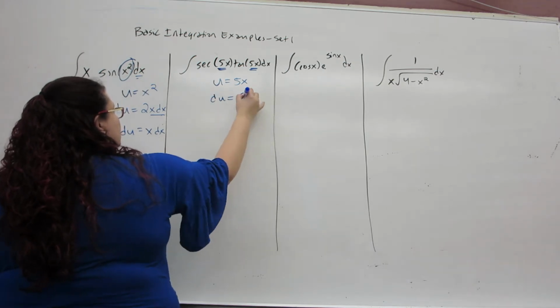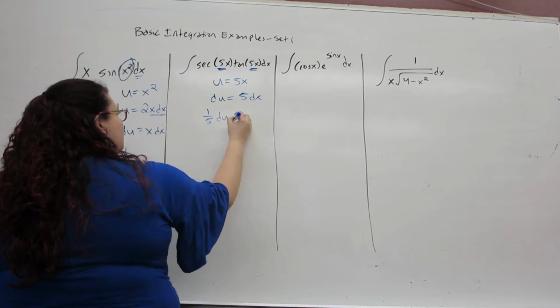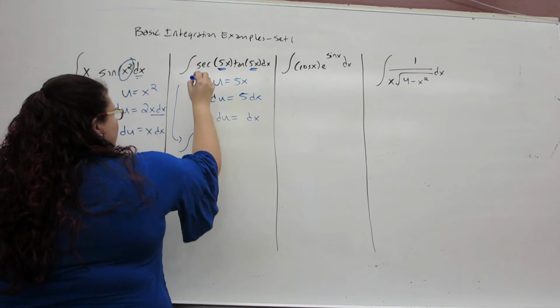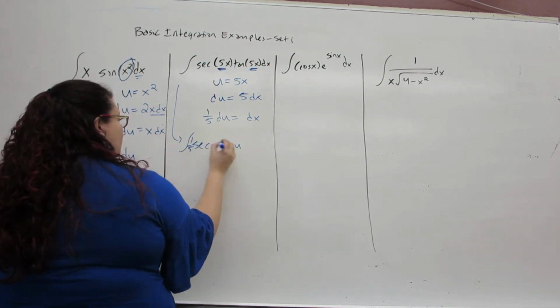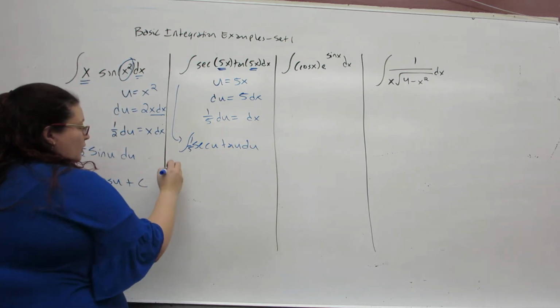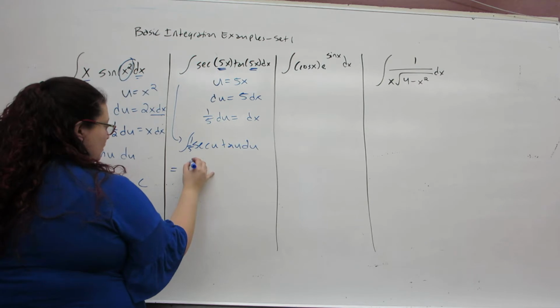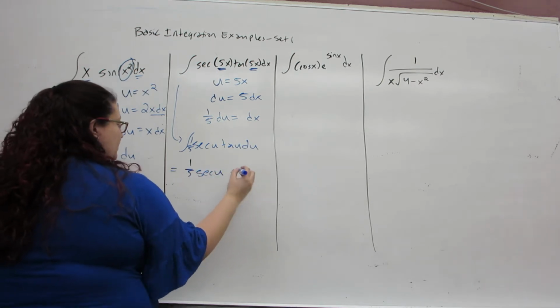This gives you du is 5 dx. I don't happen to have the 5, so I move it over to the other side. Going back to my integral then, this becomes secant u, tangent u, and 1/5 du. Okay. Secant tangent is the derivative of secant, so this just becomes 1/5 secant u plus c.